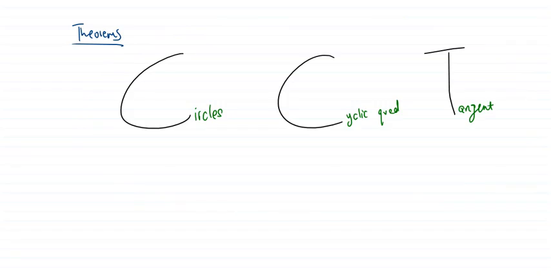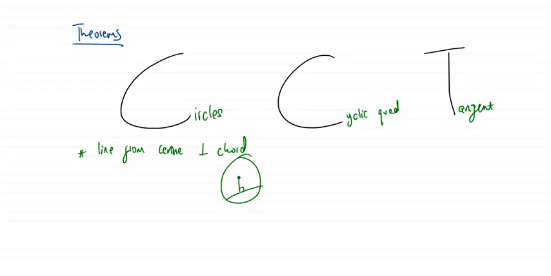The ones that are talking about circles, it's only 3 theorems. The first one is the one that says the line from center perpendicular to the chord. If you have a line from center perpendicular to chord, what does it do? It bisects the chord.